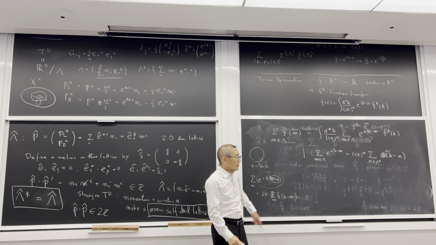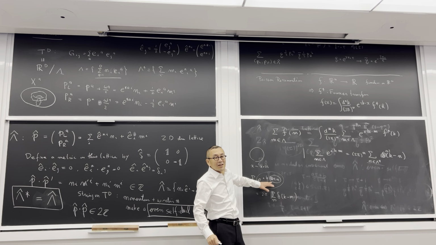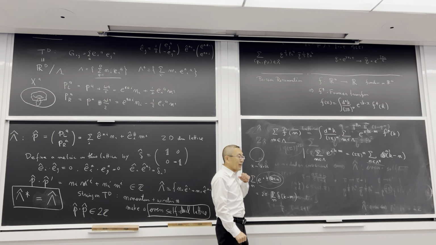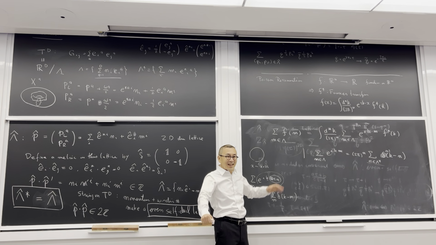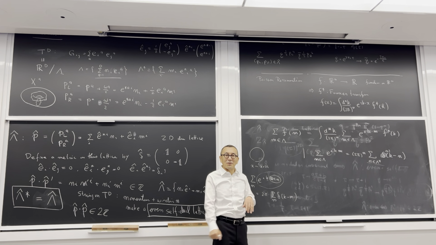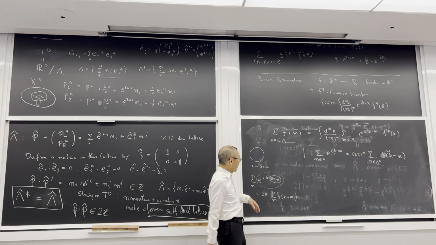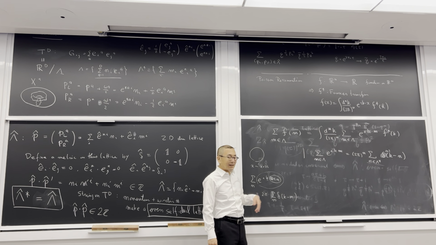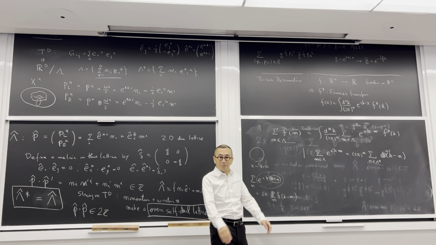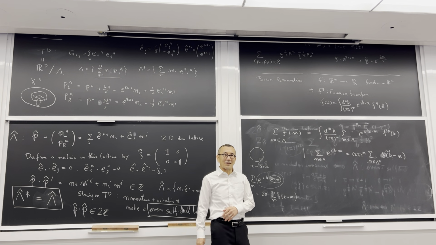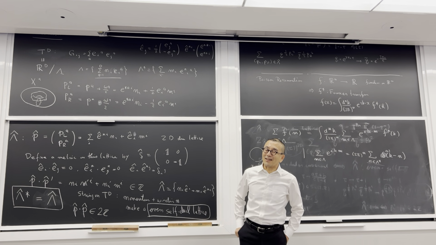So when k is an integer, this is infinity, and when k is not an integer, it gives you 0. So you can guess that this should be proportional to the sum of delta functions where k takes integer values. Then you just need to check the normalization: if you integrate k in the neighborhood of any integer, you will get 2 pi. So this is the result. That's the argument. Is that clear?